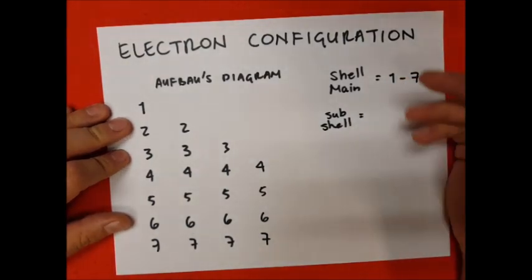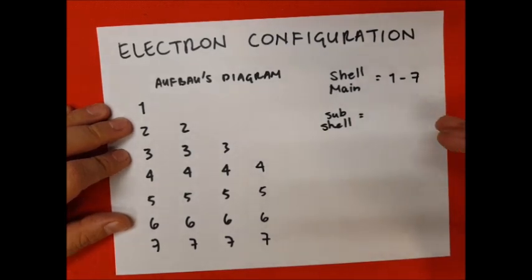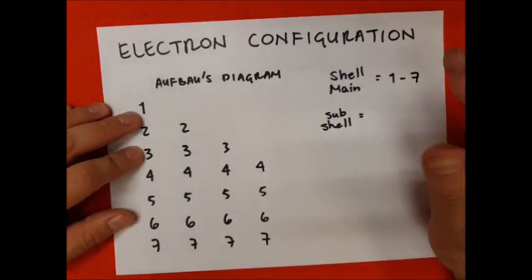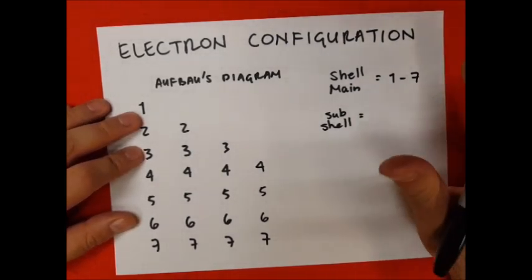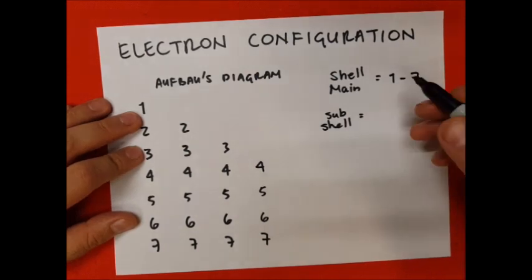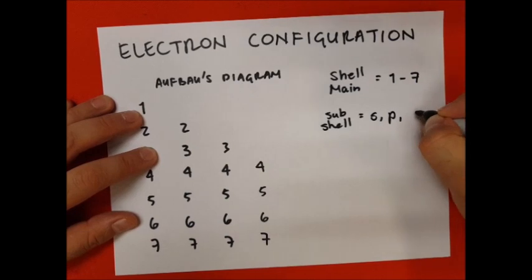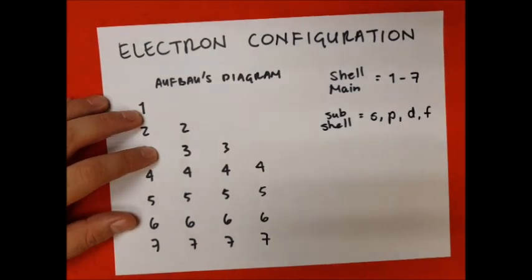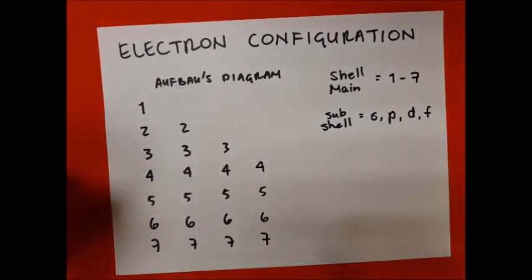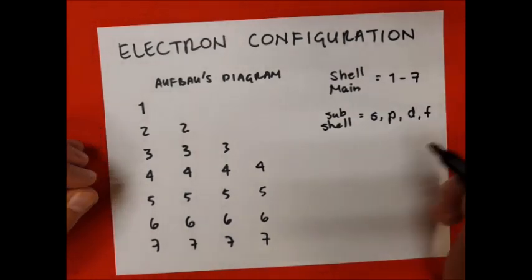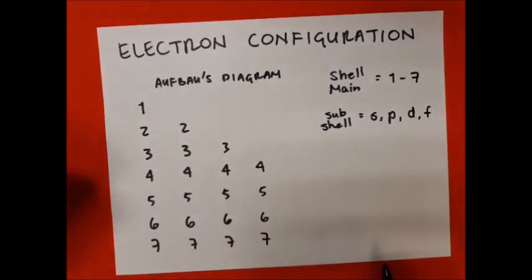And these come from their shapes or how they're theoretically modeled in space. And there's only 4 subshells which are usually seen in basic level chemistry, which is S, P, D, and F. So I'm going to stop right there, and we're going to continue building our Aufbau's diagram.